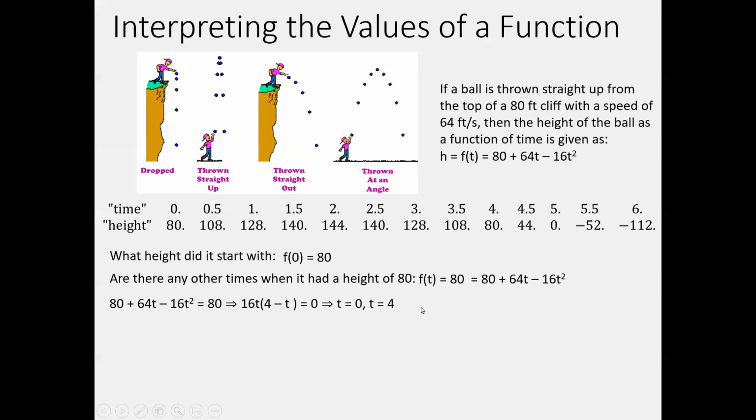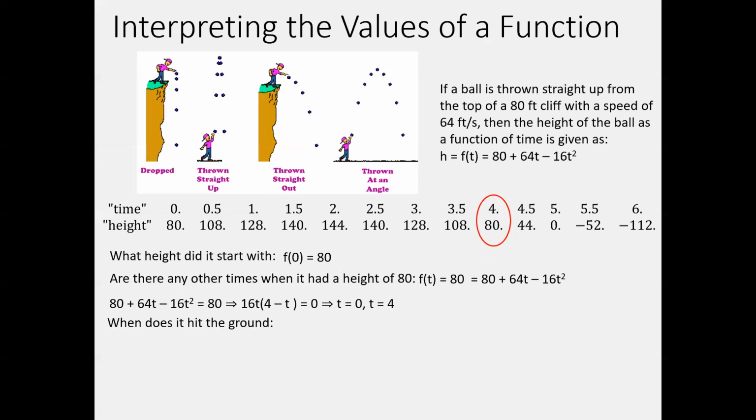Algebra can tell us these answers by solving the functional equation. And notice the expression I'm using. This is a functional equation. I'm taking the functional value and setting it equal to a particular value and asking, what is the independent variable for that dependent variable? Algebra, find for me that particular value in the table of values.